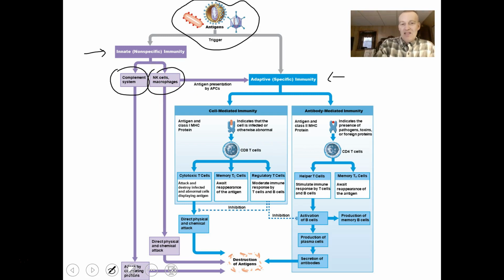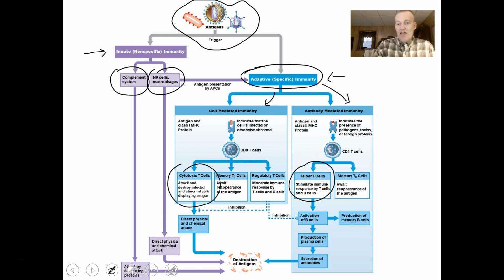Anything that makes it into the body that this element of the immune system can't fight or destroy, we activate cell-mediated immunity and antibody-mediated immunity, using cytotoxic T cells, helper T cells, and B cells to destroy anything that comes into the human body.